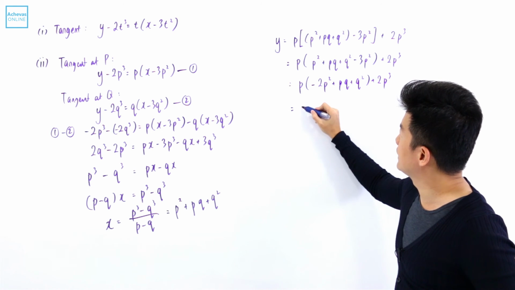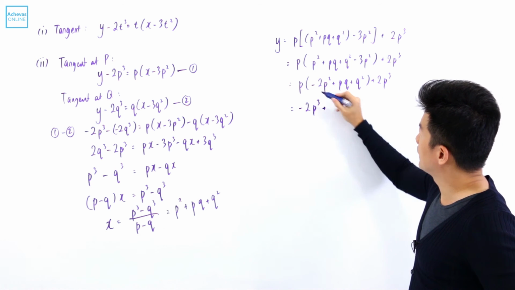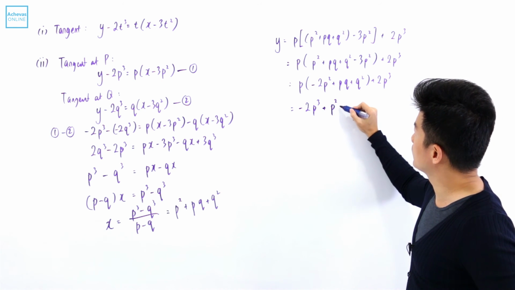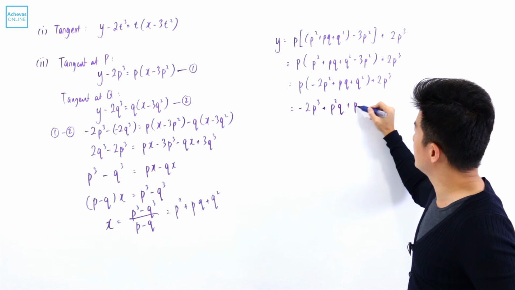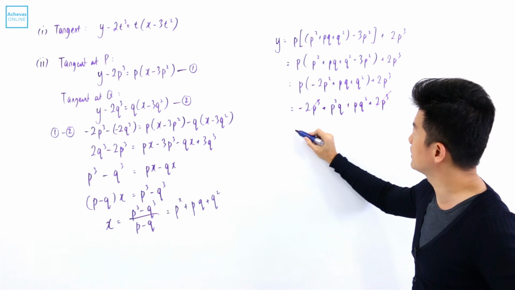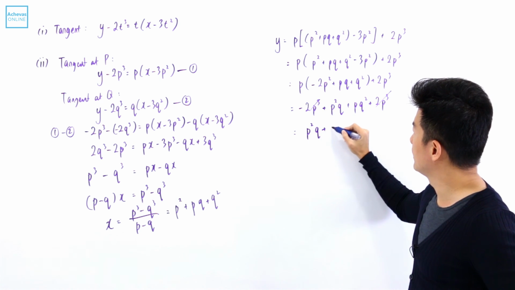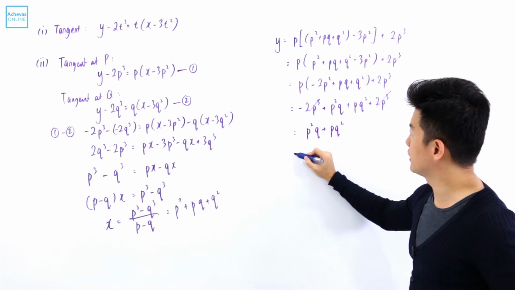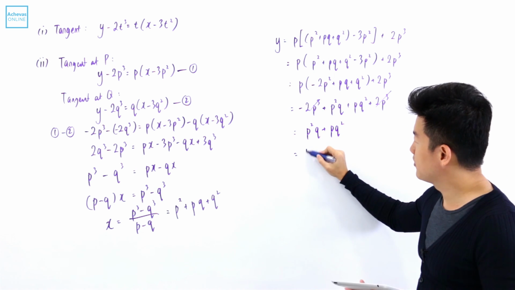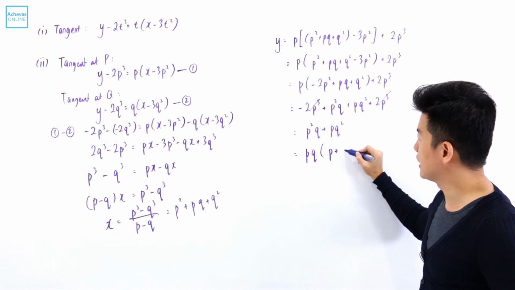Multiplying this in, minus 2p to the power of 3 plus this, it is going to be p squared q plus pq squared plus 2p to the power of 3. And this disappears. So what I'm going to be left with is p squared q plus pq squared. I can actually factorize out pq, and that will leave me with just p plus q.